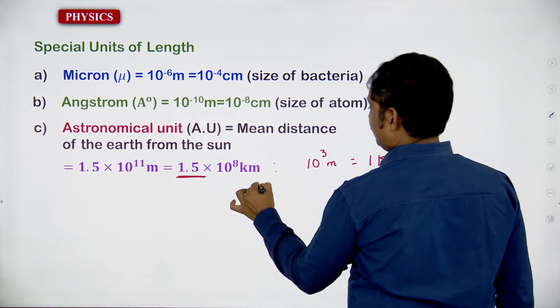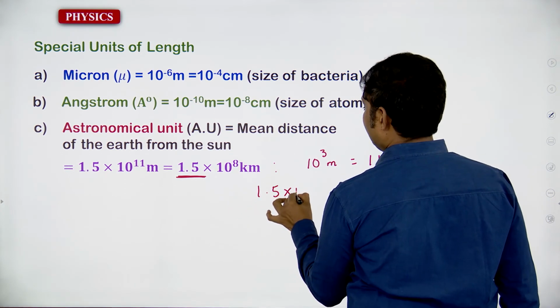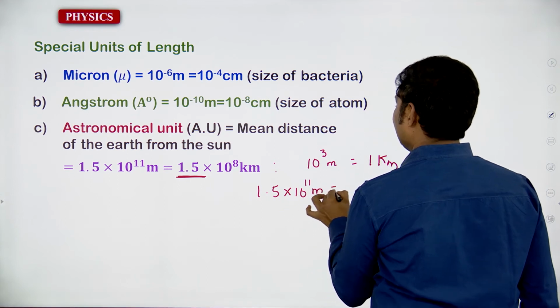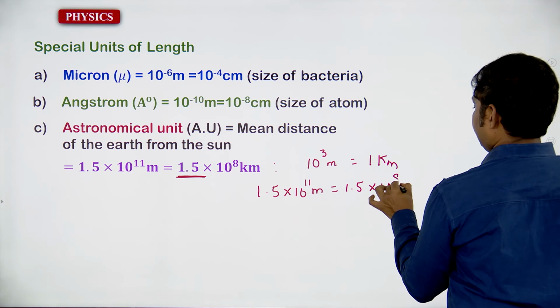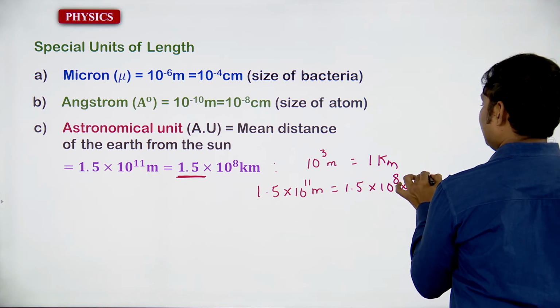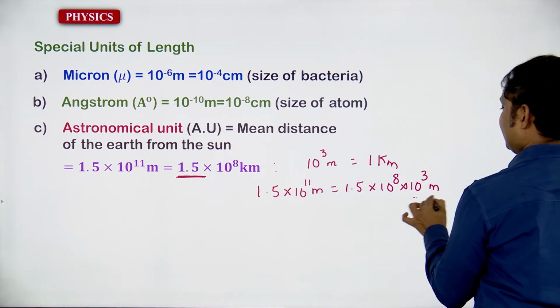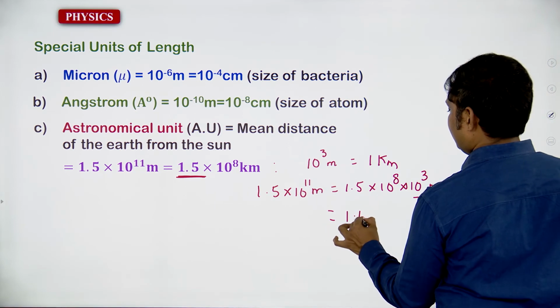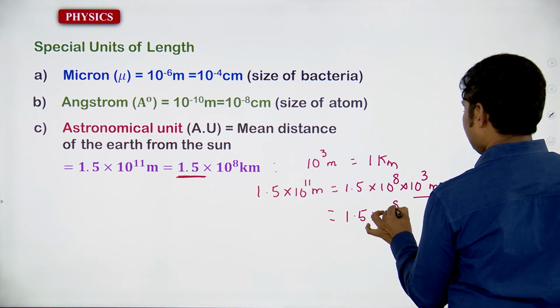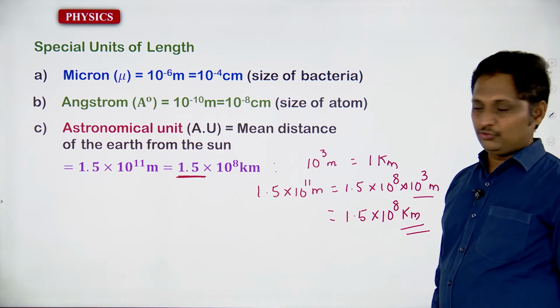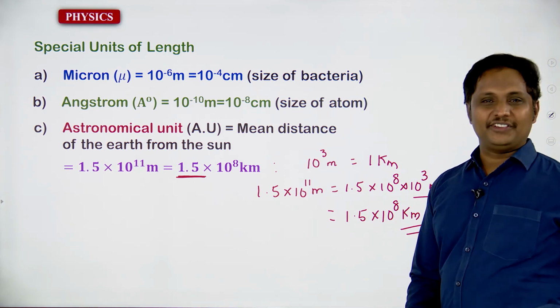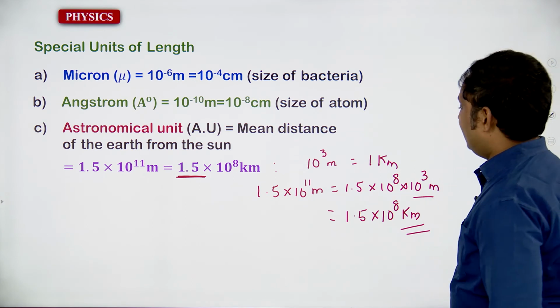Just take that 1.5 into 10 to the power of 11 meter. That is 1.5 into 10 to the power of 8 into 10 to the power of 3 meter. So that is 1.5 into 10 to the power of 8 kilometer. We have to get that conversion also, in what way we can represent it. Okay, all right. Let's go further.